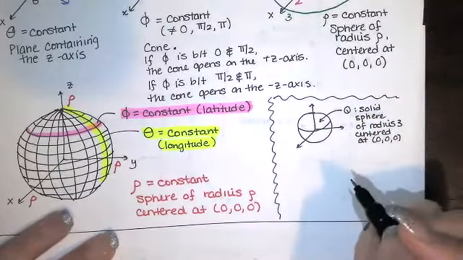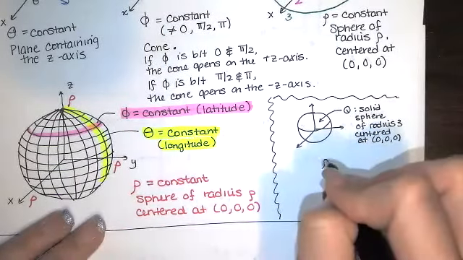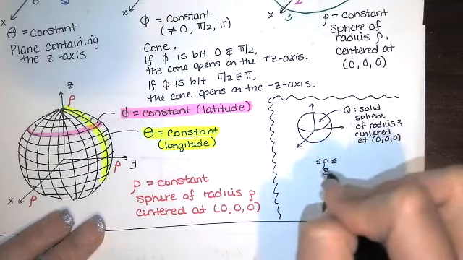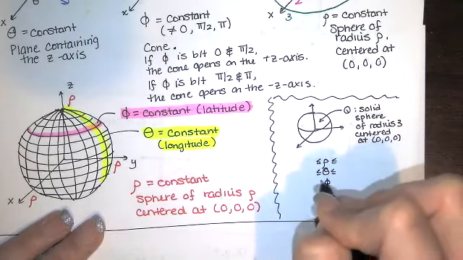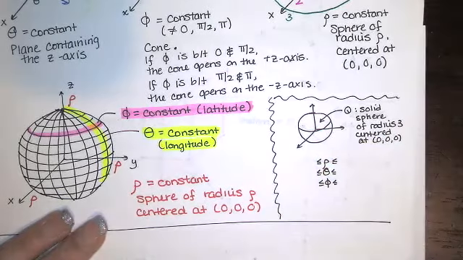If I want to describe this solid sphere, I'll need bounds for theta, I'll need bounds for phi, and I'll need bounds for rho. I know I said the wrong variables while I was writing down the other variables, but you get the idea.